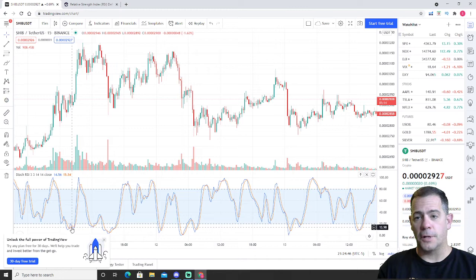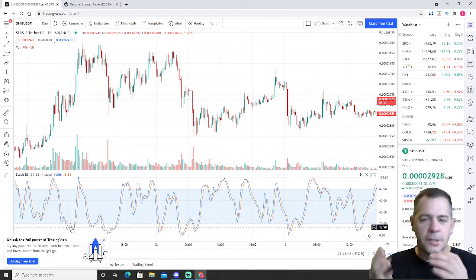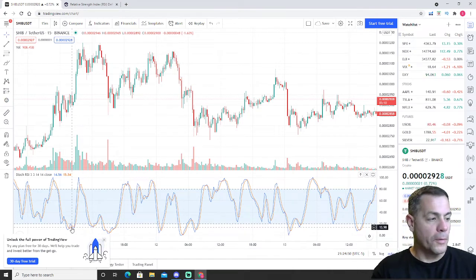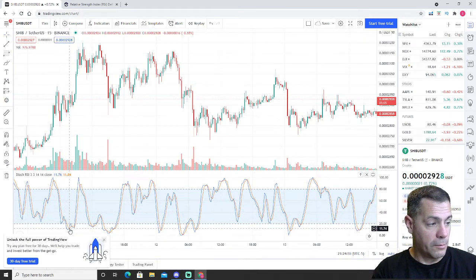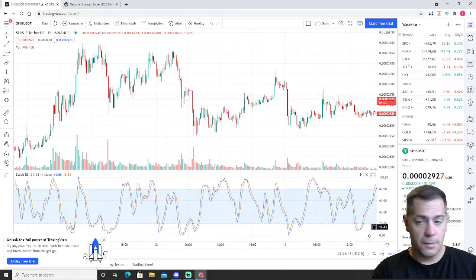That's all there is left to, I don't know, kind of sell. It's not really like that, but this shows you, hey, we're fast approaching this bottom area, right?